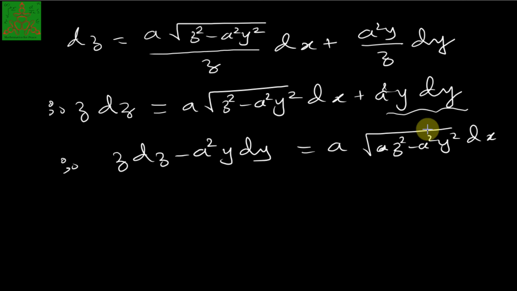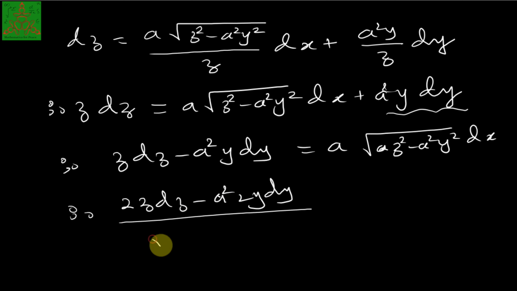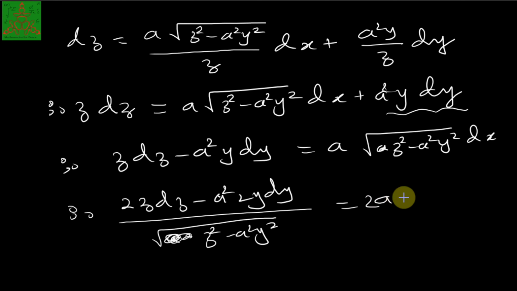Now you just observe that the derivative of the inside term of the square root is 2z dz minus a square 2y dy. So if I multiply 2 on both sides and divide by the square root term on both sides, that gives me 2z dz minus a square 2y dy upon square root of z square minus a square y square is equal to 2 times a dx.